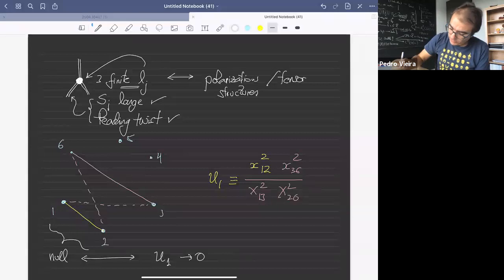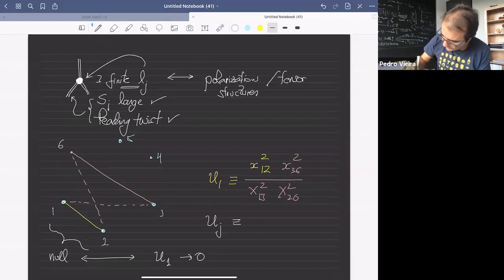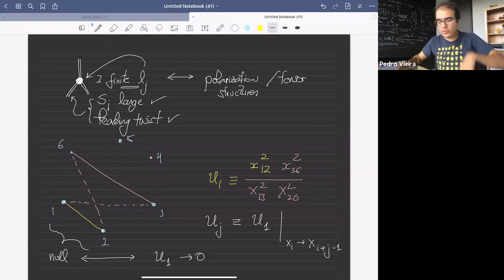What about taking the other points to be null? Well, it's very easy. You just define the cross ratios Uj. They are just the same as U1, but you just rotate this definition. You just replace point xi by x(i+j-1). You just rotate this definition.